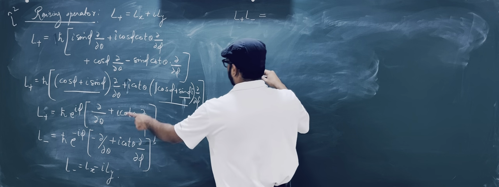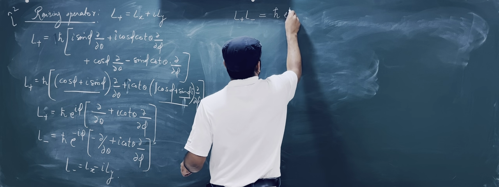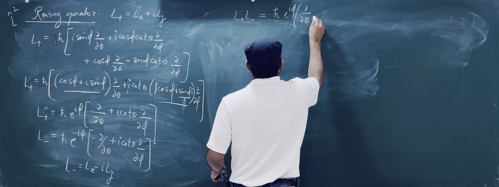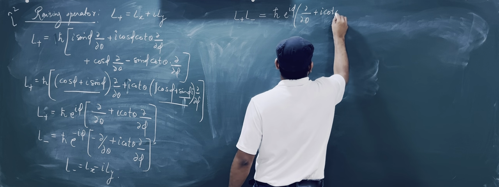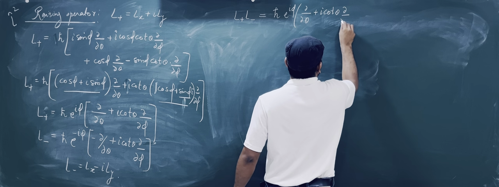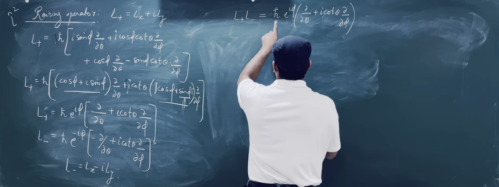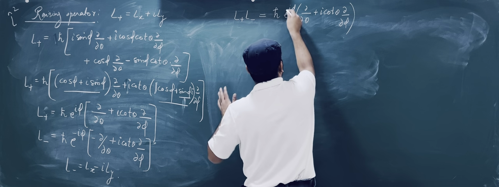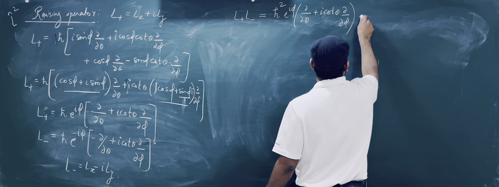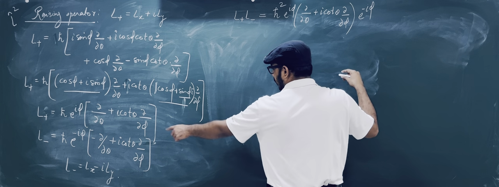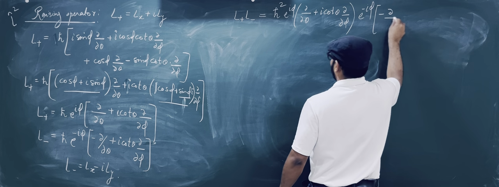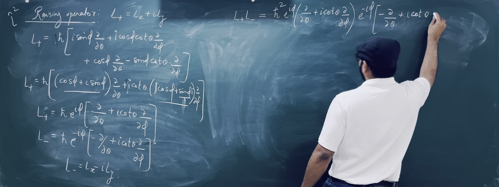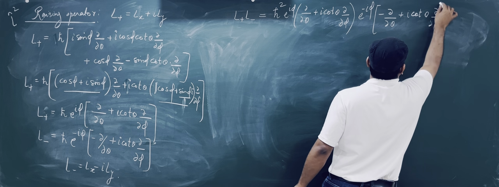So L plus is h cross e power i phi, and it is del over del theta plus i cot theta del over del phi, and L minus is h cross. So I'm taking h cross out here, so it's the constant h squared, e power minus i phi, and it's minus del over del theta plus i cot of theta del over del phi.